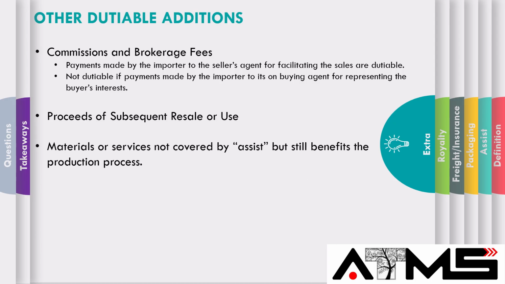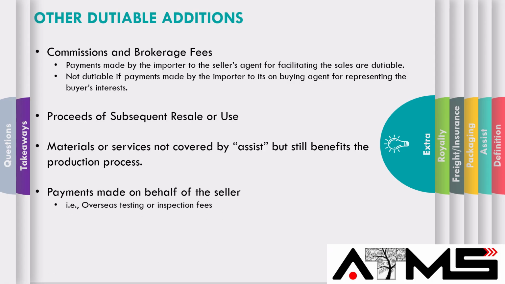Third, materials or services that contribute to production but were not included in the assist calculation should also be factored into the transaction value. Lastly, payments made by the importer on behalf of the seller, such as overseas inspections or testing costs that should have been covered by the seller, are dutiable value.